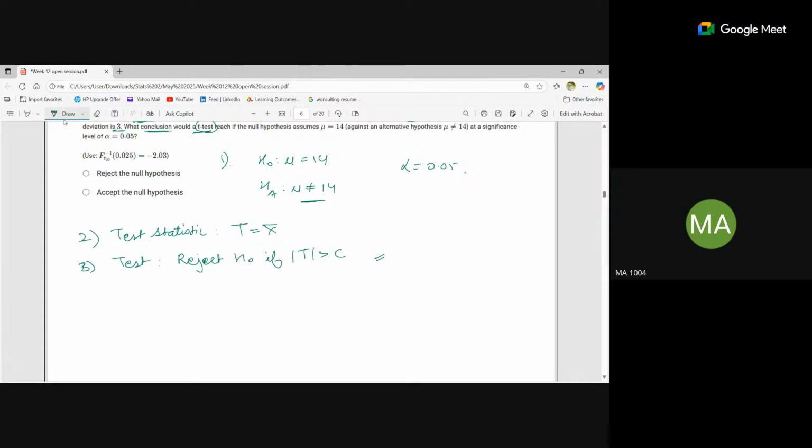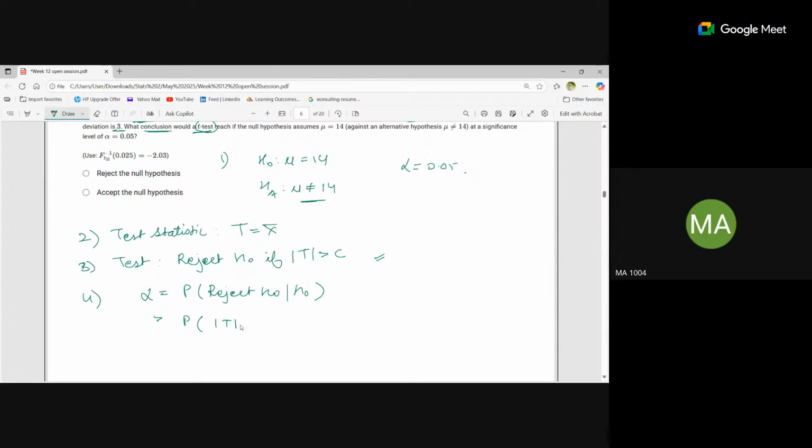Then, fourth step, we would be calculating the values. So alpha would be what? Alpha is the probability of reject H naught given H naught is true. Now, when do we reject H naught?